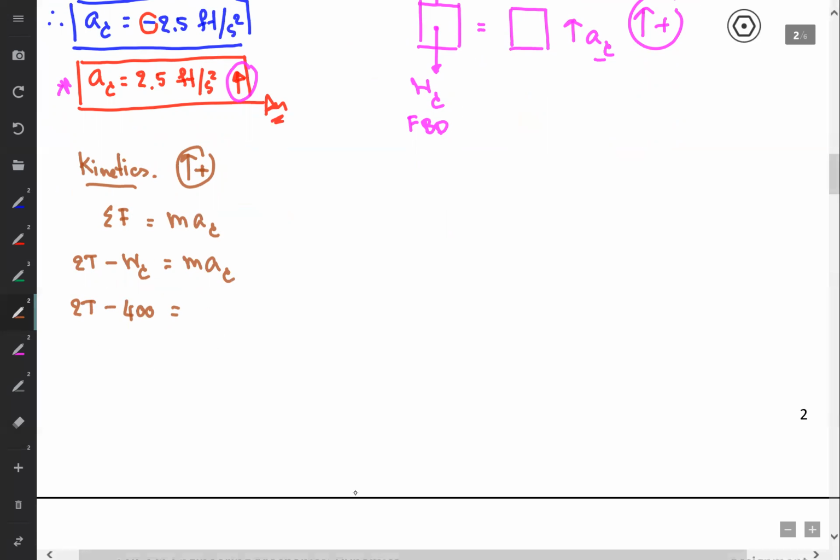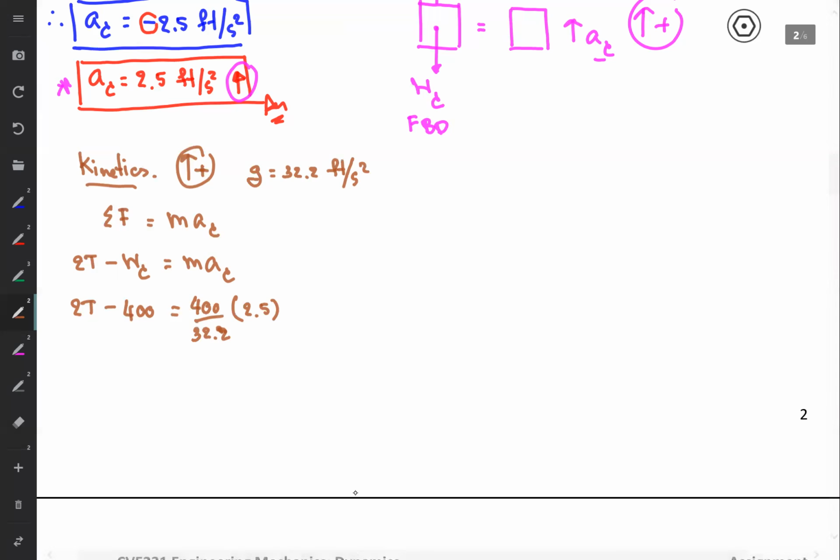The mass is determined by the weight divided by g. G in foot-pound units is equal to 32.2 foot per sec square, so we have to divide by 32.2 first. And the acceleration AC, we know already, is 2.5, going up.